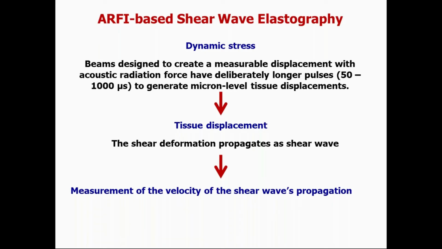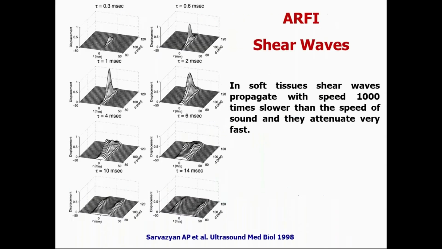The purpose is to generate a local micro-level tissue displacement. The tissue displacement caused by the force of the ultrasound beam propagates as shear waves, and the software of the equipment measures the velocity of the shear wave propagation.